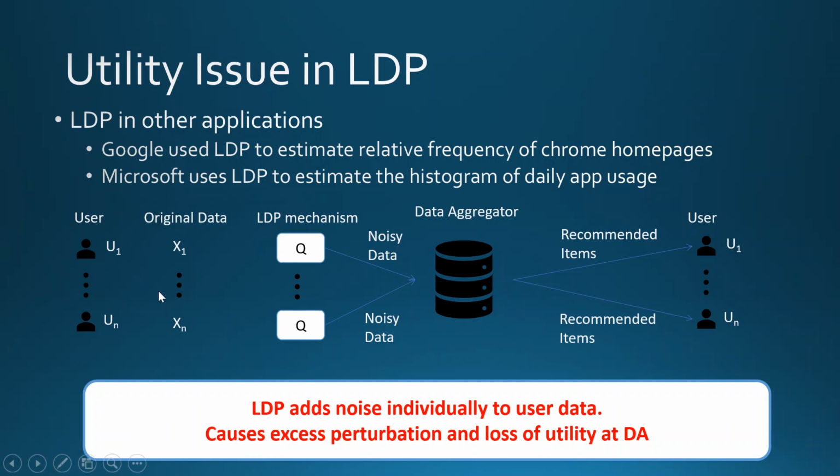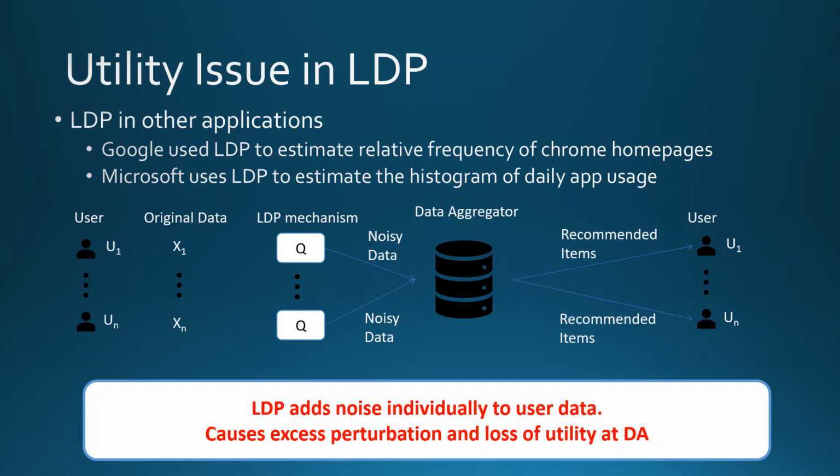If you take the local differential privacy setting, say there are n users and you get n original data, and each original data is perturbed using an LDP mechanism, and the noisy data is aggregated at the data aggregator's end. So what the data aggregator has is the noisy data.